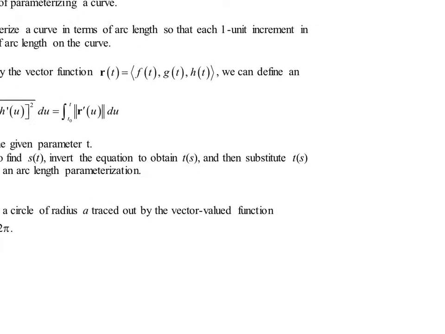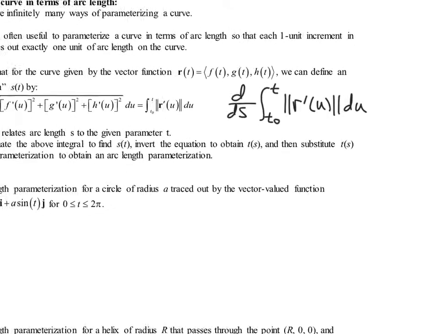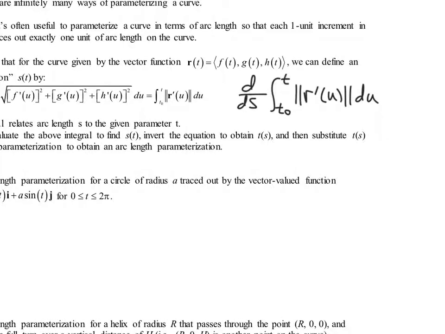we can actually play this out. If I were to find the derivative with respect to the variable s of the integral from t sub o to t of the magnitude of r prime of u du, you're going to get a completely different relationship.